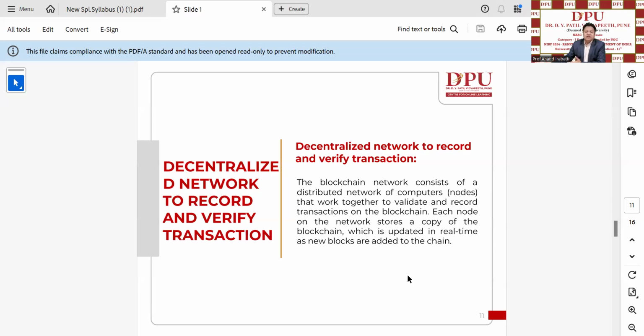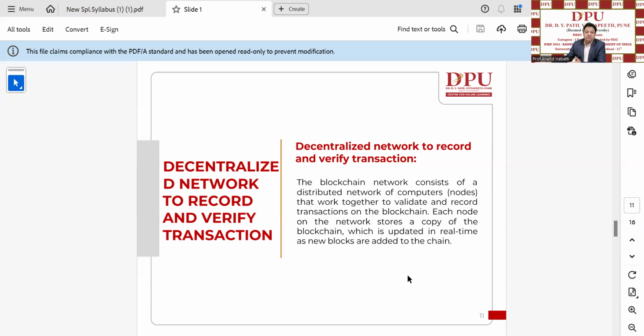Once I validate the transaction, I will broadcast that transaction into the network. After that, the remaining 9 miners will again check the transaction details and validate the transaction.